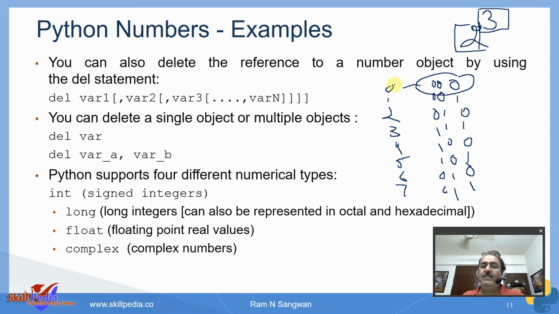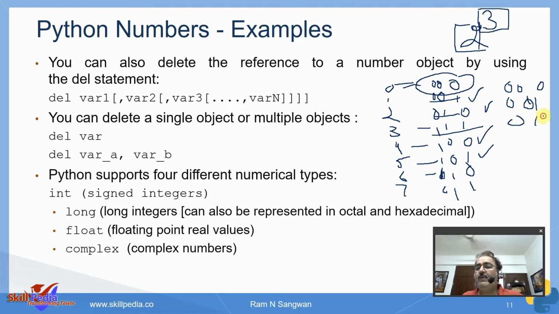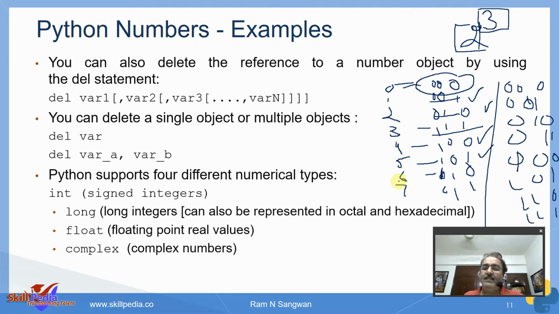So 0 0 0 is 0, 0 0 1 is 1, 0 1 0 is 2, 0 1 1 is 3, 1 0 0 is 4, 1 0 1 is 5, and so on. Sorry, I made a mistake with the third column; it has to repeat 4 times. These are the 8 possible digits.